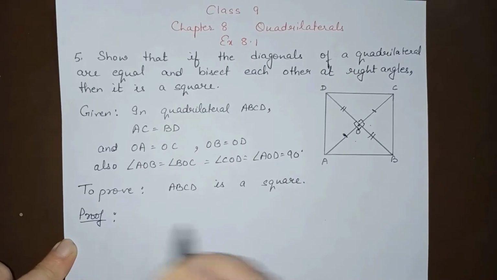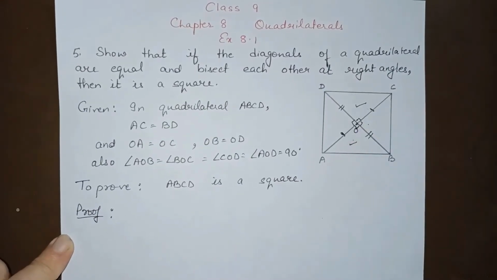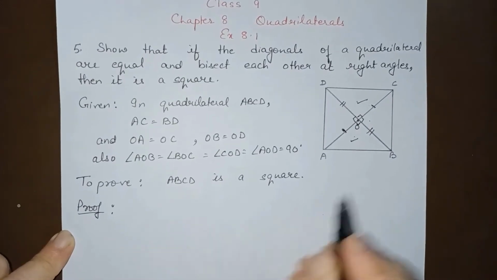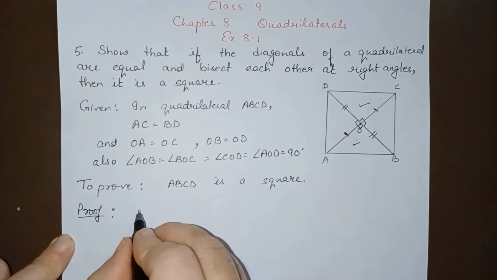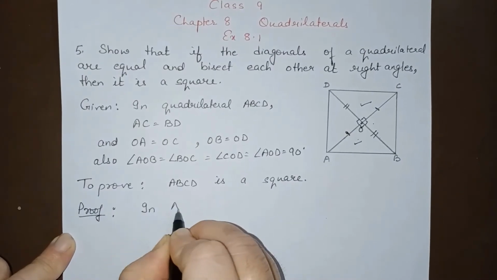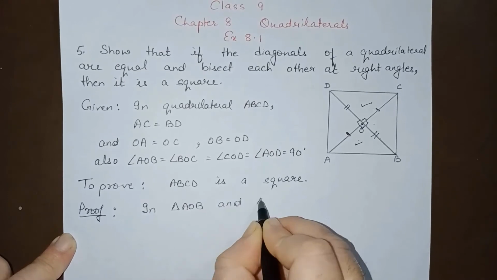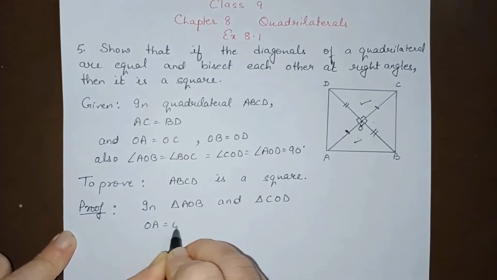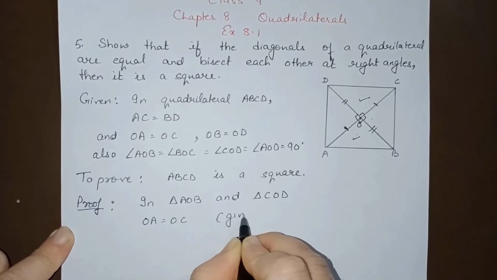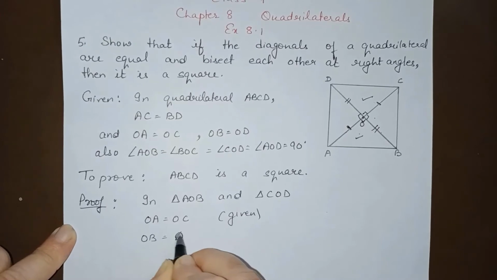To prove it, I will take triangle AOB and triangle COD. You can see they are congruent by SAS. So we will write this thing. In triangle AOB and triangle COD, we have OA is equal to OC. This is given. OB is equal to OD.